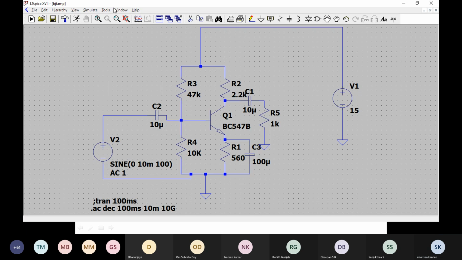Settings are given. Now we can plot the frequency response of the amplifier. So simulate it.